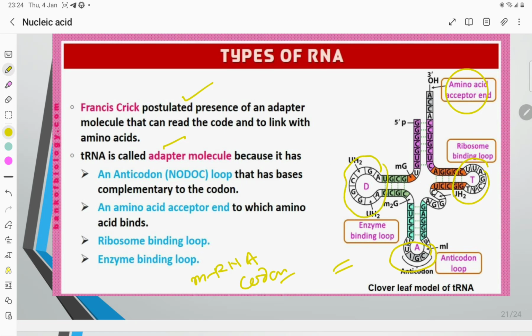This is actually the main site of the tRNA which binds to the enzyme. Okay, and this is called your anticodon which binds to the codon. So whenever the codon and anticodon match with each other, at that time there is a release of amino acid from the tRNA.